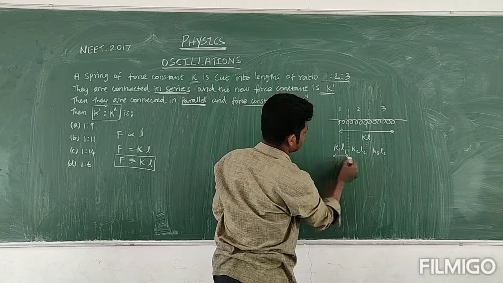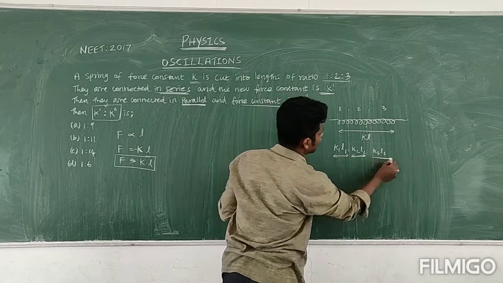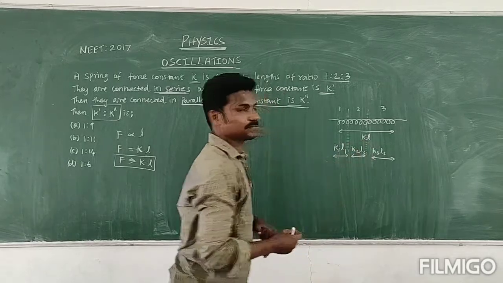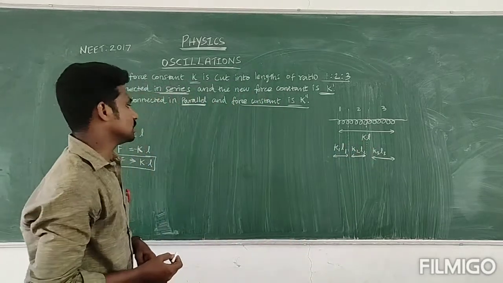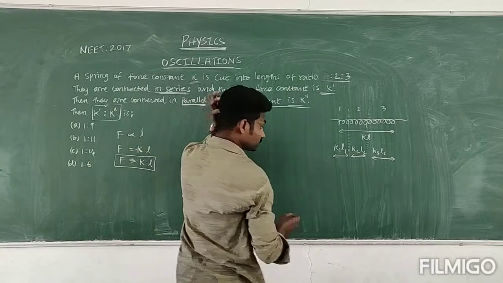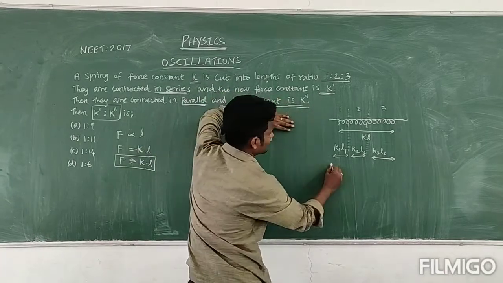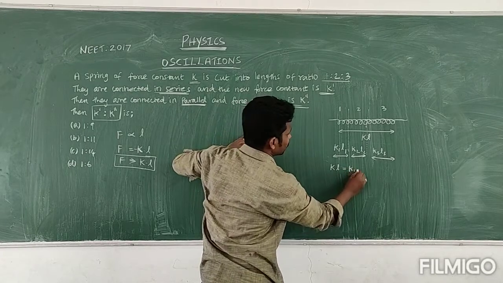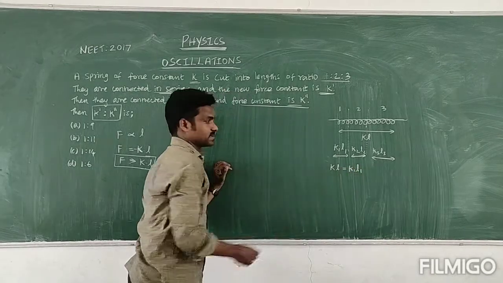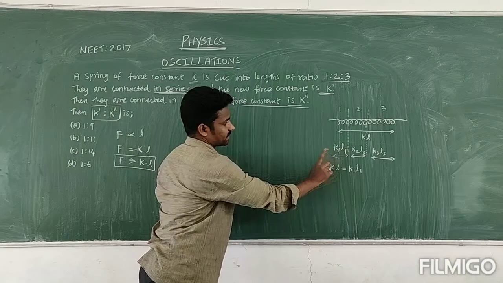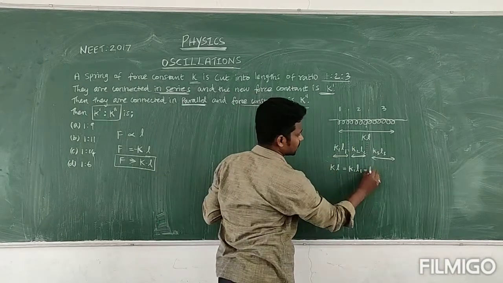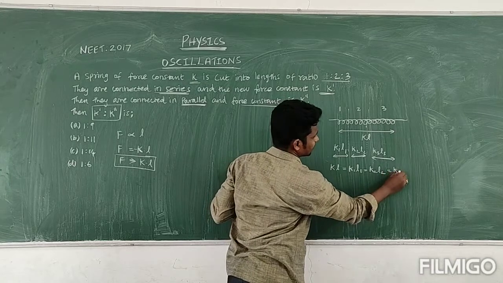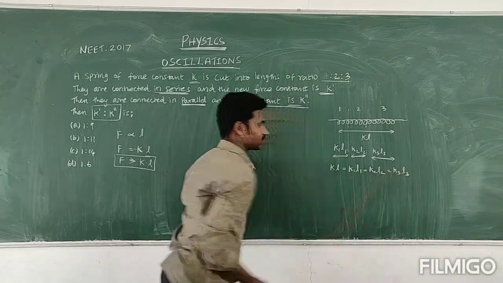So K into L is equal to K1 into L1 equal to K2 into L2 equal to K3 into L3, because this product value should be constant.